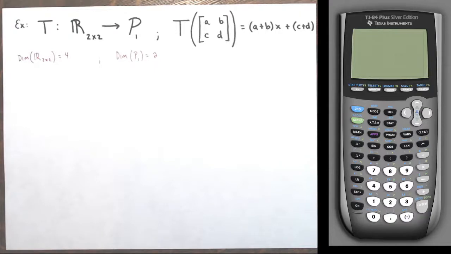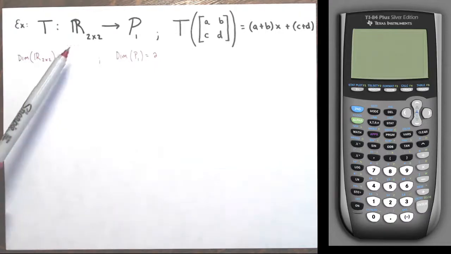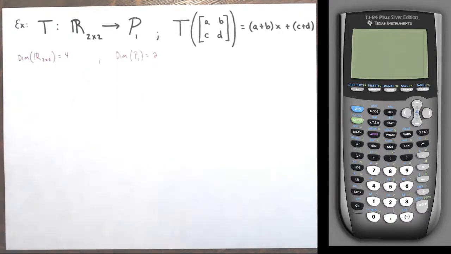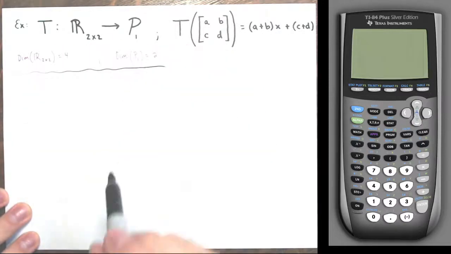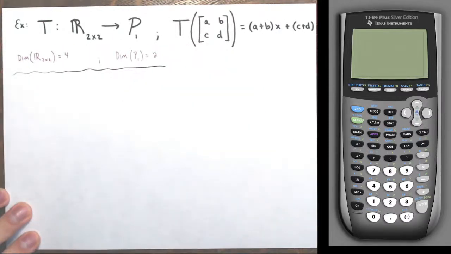Since these two are not the same dimension, I know for certain that this is not going to be an isomorphism. Again, only spaces with the same dimension, we will see, could possibly have an isomorphism between them. But let's figure it out, as I haven't stated that yet; I'm just pointing that out.